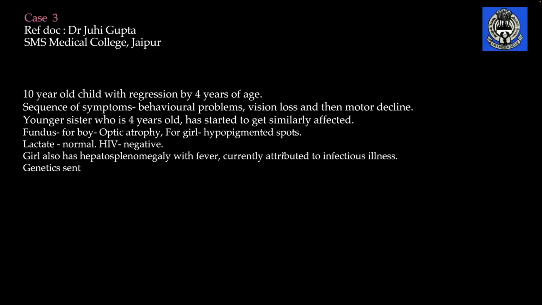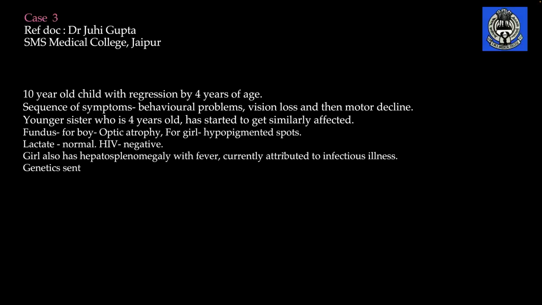The history for the boy is that there was regression by 4 years of age. How the regression started: initially the child started having hyperactivity. Then the parents say that he did not used to go around much in the night, so there was a history of night blindness, progressing to day blindness as well. Then gradually the motor skills started to decline.